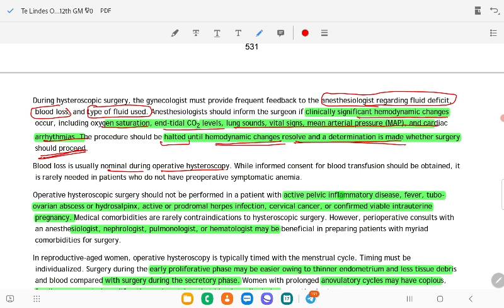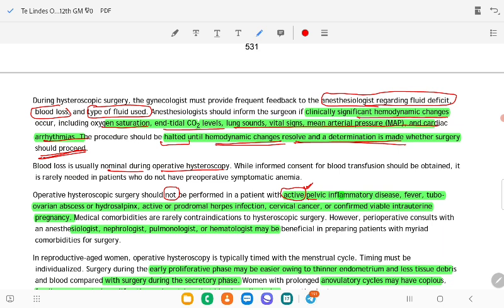Operative hysteroscopy should not be performed in a patient with certain contraindications, because infusing the fluid will disseminate the disease. This point is important: if she had a previous PID, that is not a contraindication.